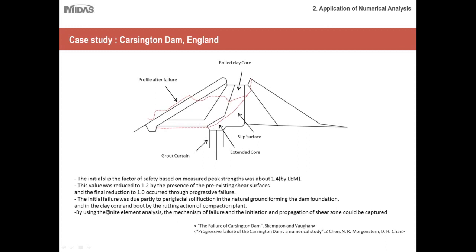As engineers were studying the cause of its failure, they realized that through using a numerical modeling program, they could account for periglacial solifluction, or the changes in pore water pressure over the changes of the seasons. That was a big breakthrough with finite element modeling.